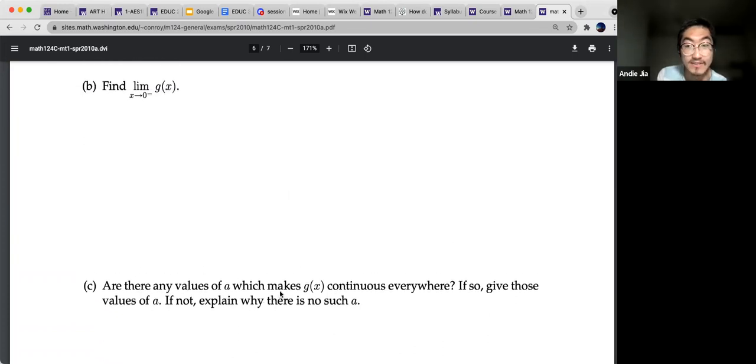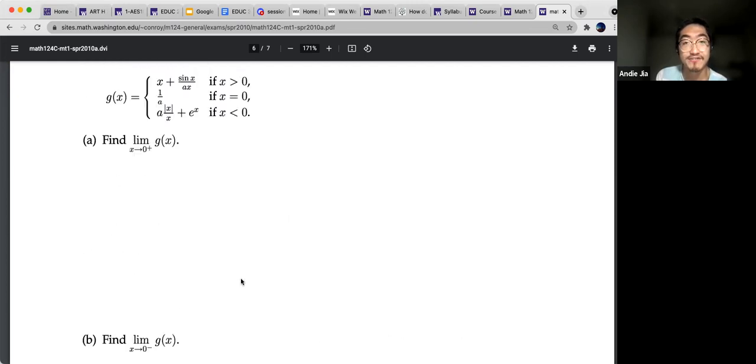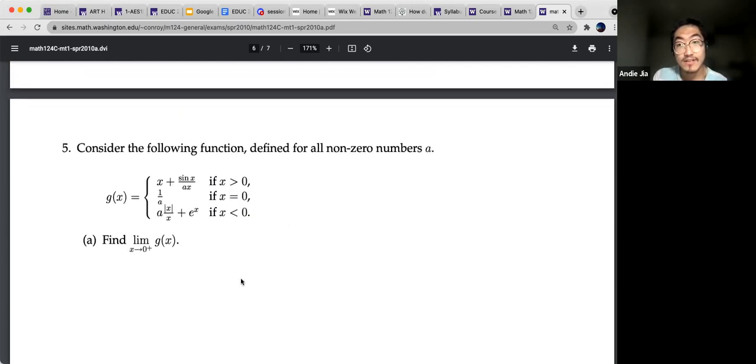Find any values that make the function continuous everywhere. If so, just give those values of a. If not, explain why there is no such a. For the right side, the limit is 1 over a, so the limit does exist, and whether we put in 1 or negative 1, they all exist, because 1 over negative 1 is negative 1.